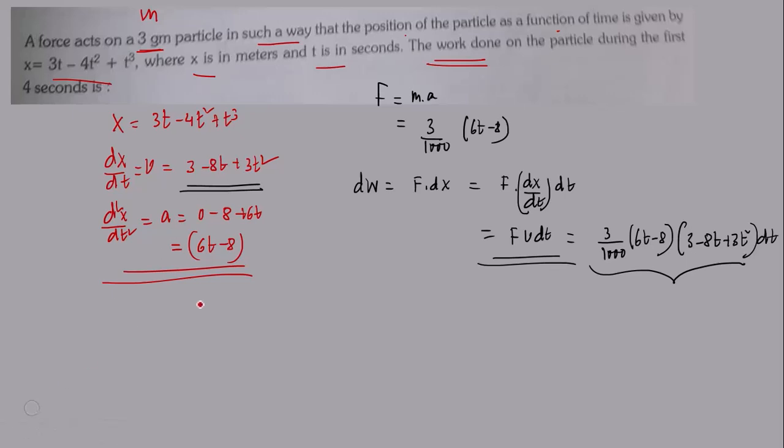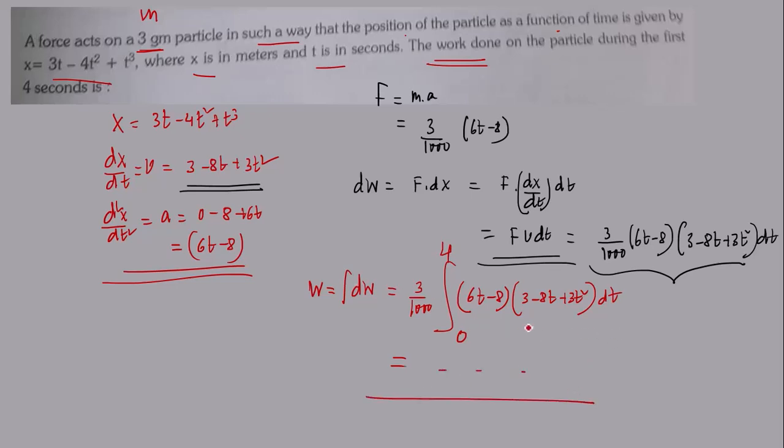Now you are asked to calculate the total work done. Total work done is the integration of dW. So 3 by 1000, take out the integration of (6t minus 8) whole into (3 minus 8t plus 3t square) into dt. The limit is from 0 to 4. Now you can do the integration and get the result.